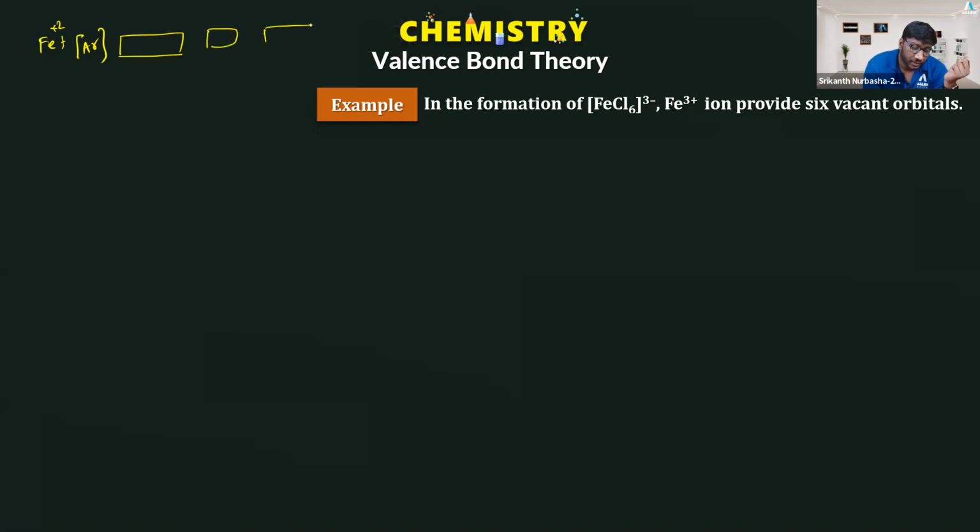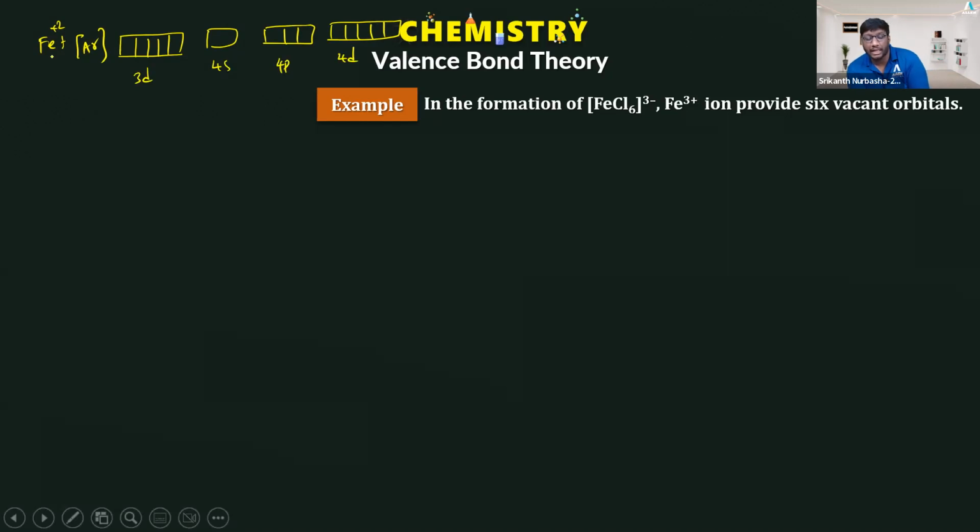Then 4s, and then you have 4p and then 4d. This is 4s, 4p, 4d, and this is your 3d. Fe plus 2 means you will be having electronic configuration of argon 4s0, 3d6. In the 3d, we have 6 electrons, 3d6.